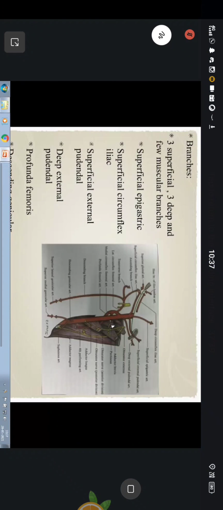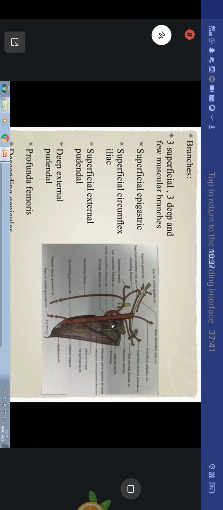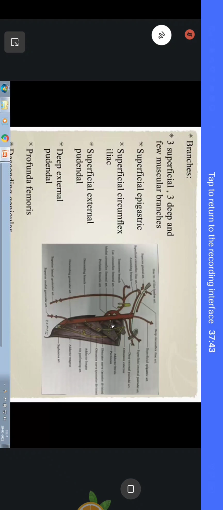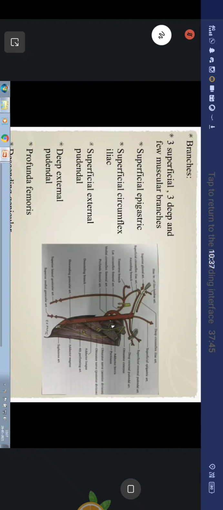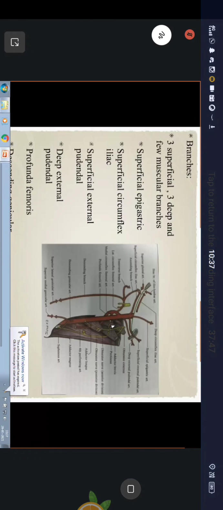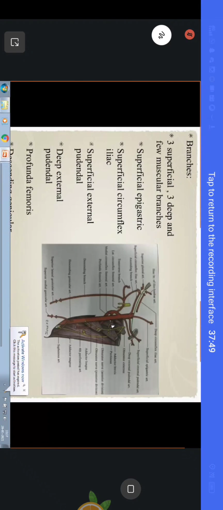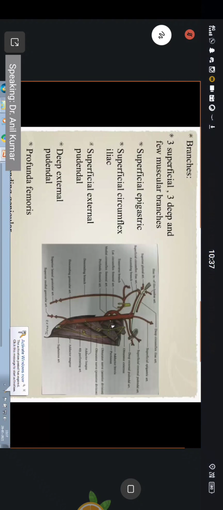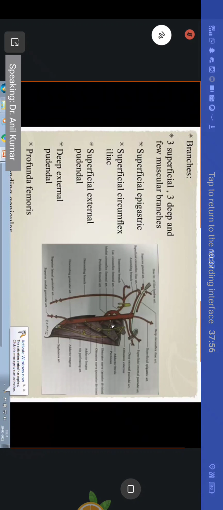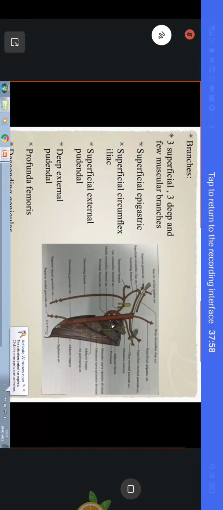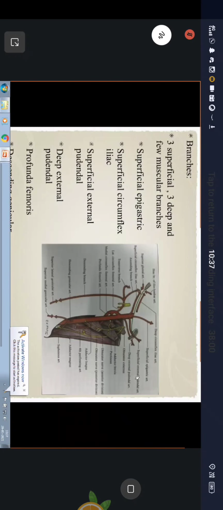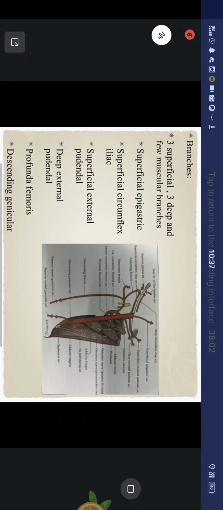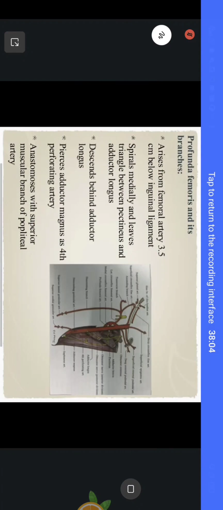Now the deep branches are deep circumflex iliac artery. Name itself is saying deep circumflex iliac. Sorry, regarding the deep branches, it is deep external pudendal. After that, profunda femoris and descending genicular branches. So these are the 6 branches.